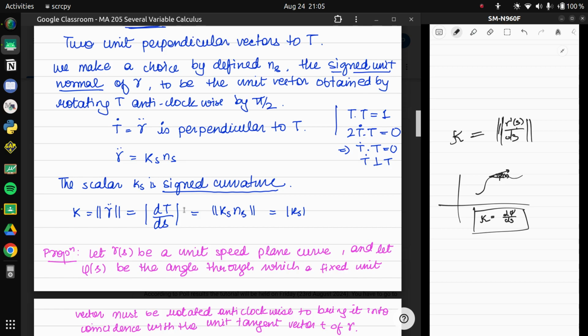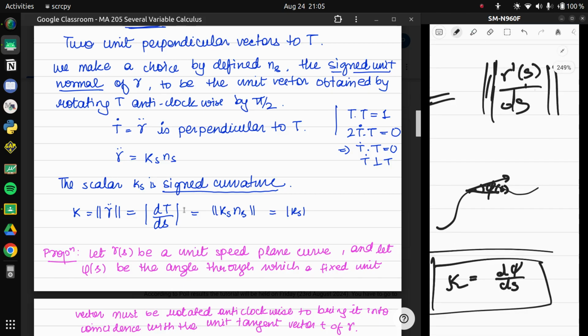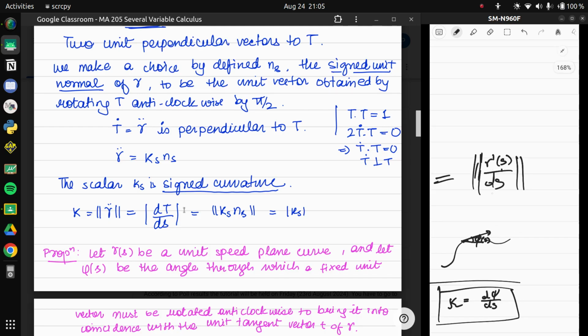Very unsatisfactory, because we don't even know if these two curvatures are the same. If you think about it, what is this thing? It's the magnitude of dr dash s upon ds. So it's just how the unit tangent vector moves, right? So how do you write the unit tangent vector?